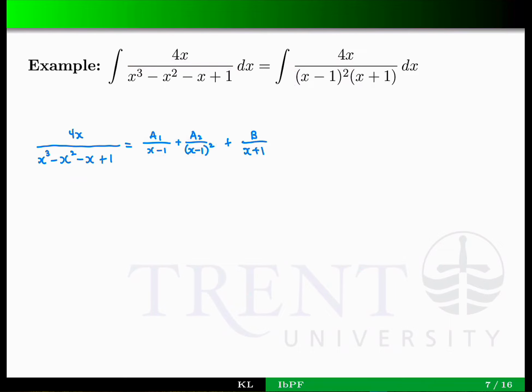Our goal is to find the values of these numerators. In order to do that, we combine them again into a single fraction. The denominator will be x minus 1 squared times x plus 1. That's the actual denominator that you see in here.